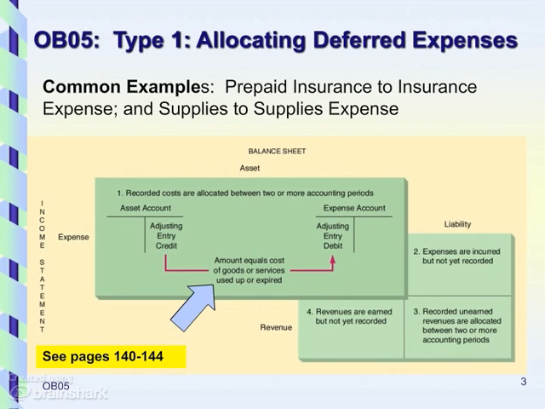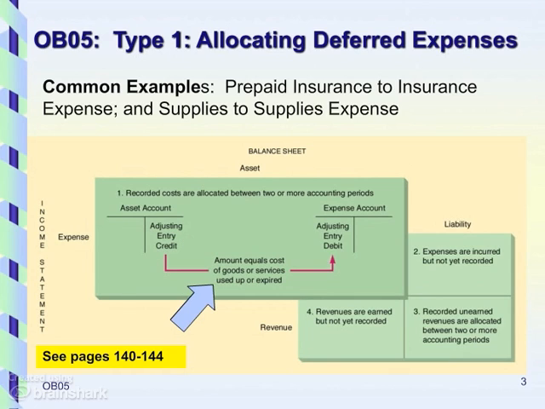The idea here is that we're going to allocate a portion of an asset that we've used up in the current period to show how that asset is being used in the business and expensing it to help generate revenues for that business during that accounting period.